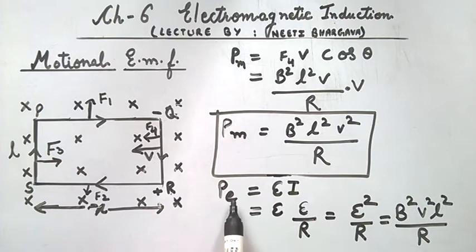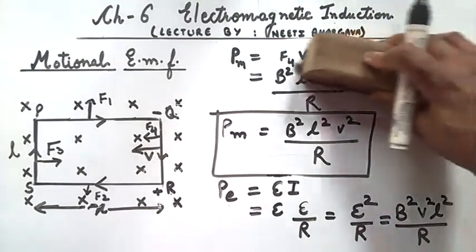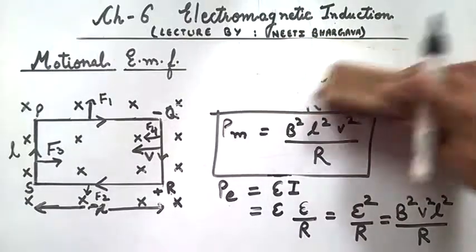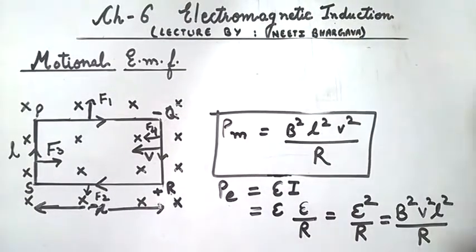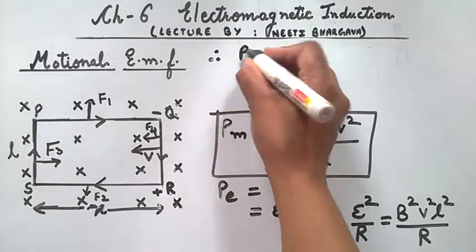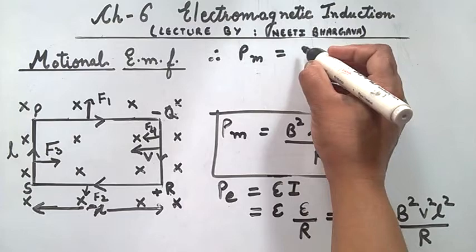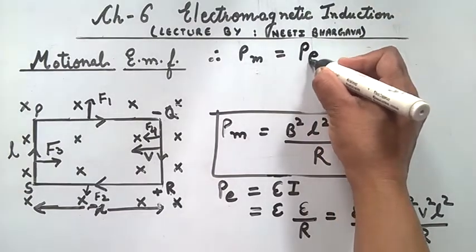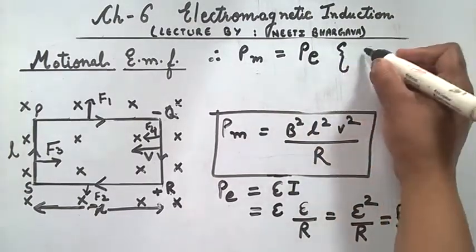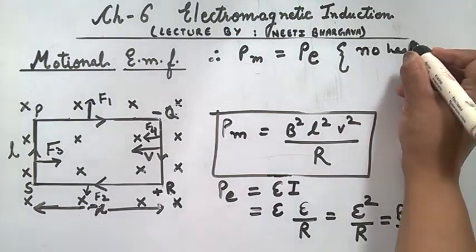And this electrical power is in the form of heat dissipated or lost or released when we do mechanical work. That is, we can say the mechanical power which we are expending is equal to the electrical power generated, provided that there is no heat dissipation.